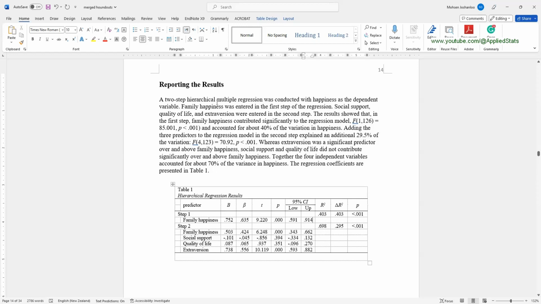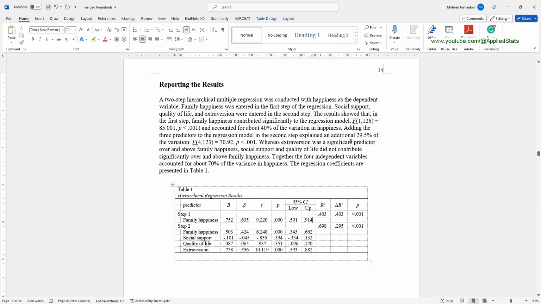The results showed that in the first step, so here you are reporting the results of your first regression analysis, family happiness contributed significantly to the regression model. Your F value, significance level, and degrees of freedom for your first regression. And this is your R-square value that you're reporting here.